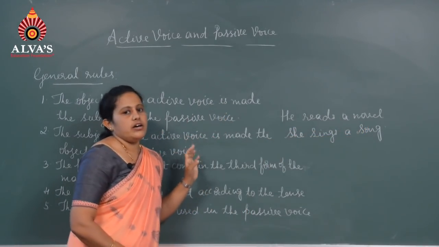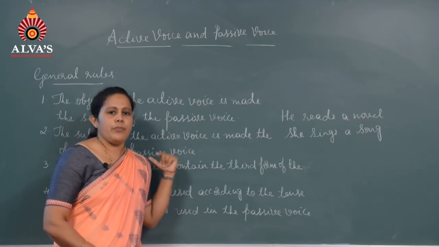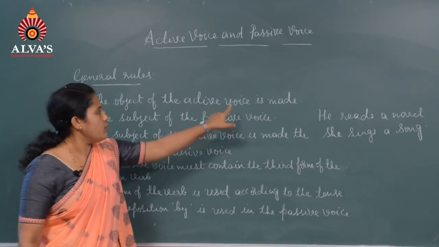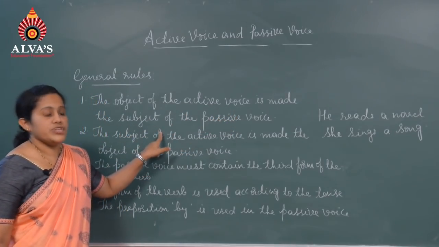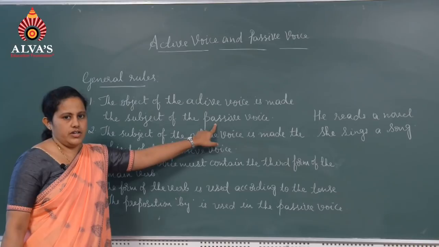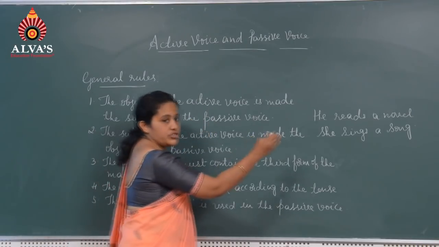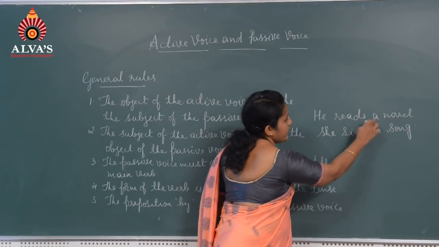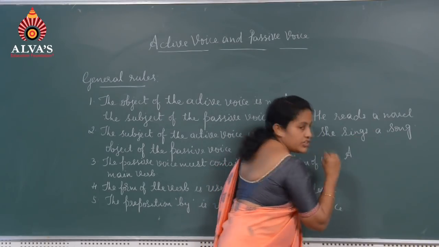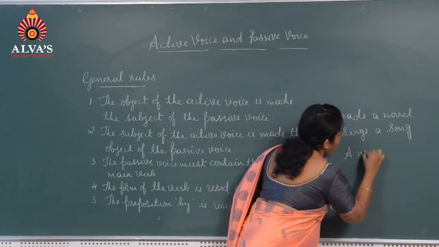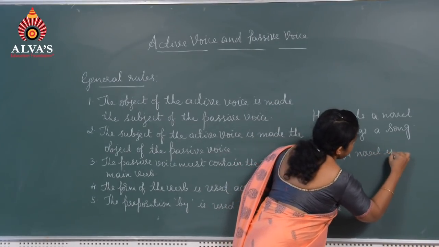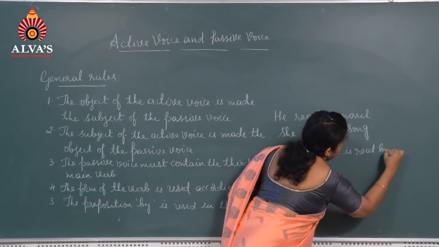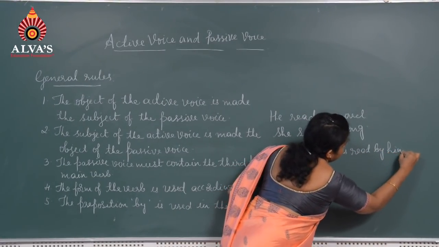So, when we change from active to passive, the first rule is the object of the active voice is made the subject of the passive voice. So, he reads a novel; when we change into passive voice, a novel is read by him.